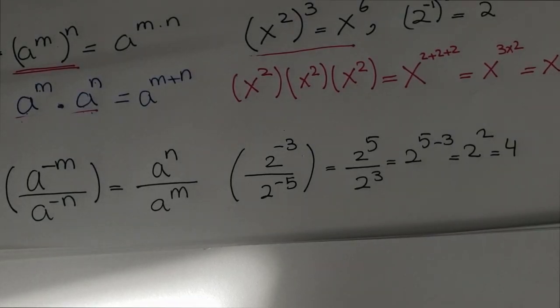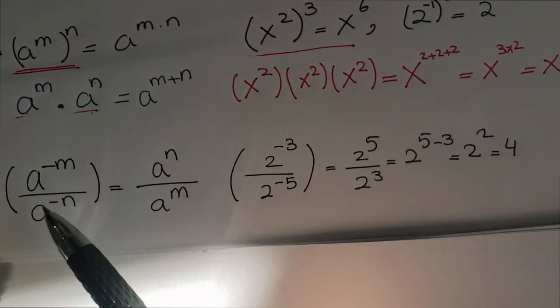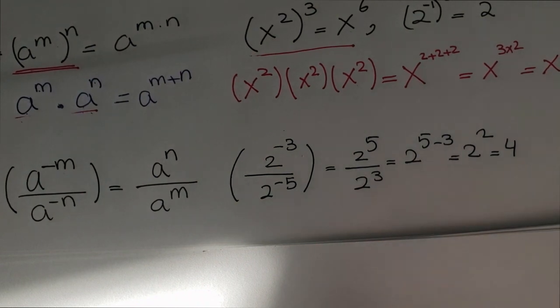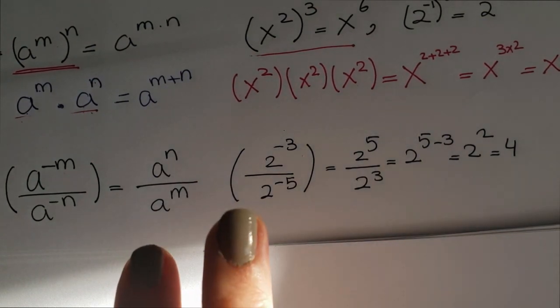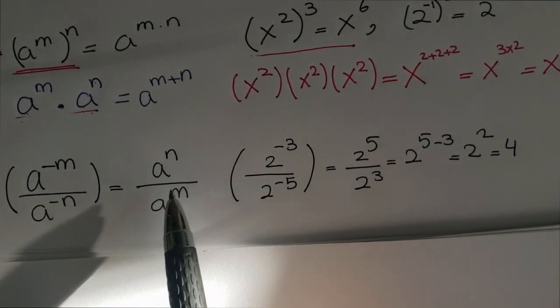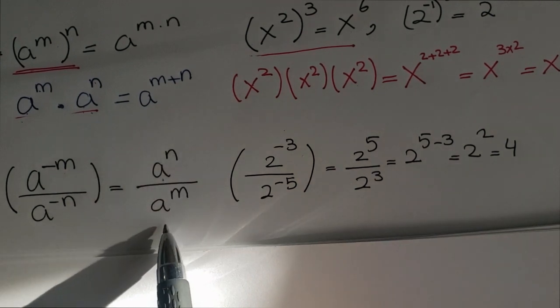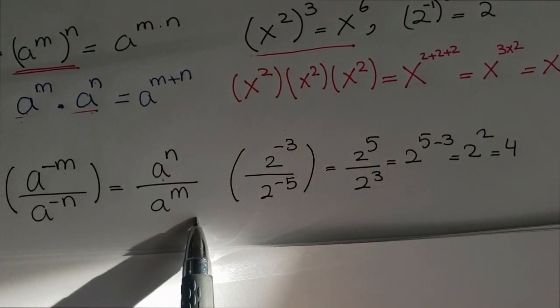Okay, another rule would be a to the power negative m divided by a to the power negative n. So the bases are both the same and it's a, and as you can remember, both of them have got the negative exponent, so that means it will flip, right? So that would be a to the power n divided by a to the power m.